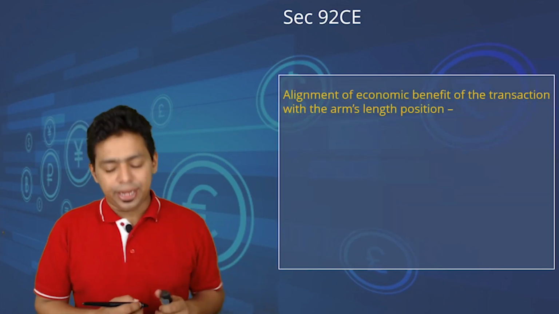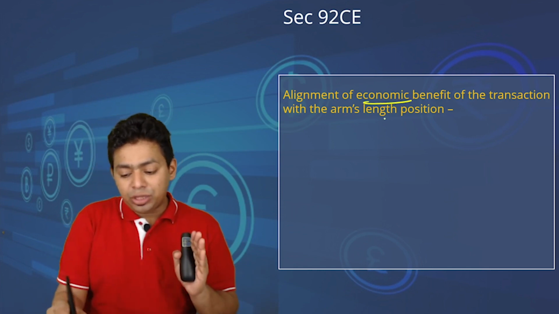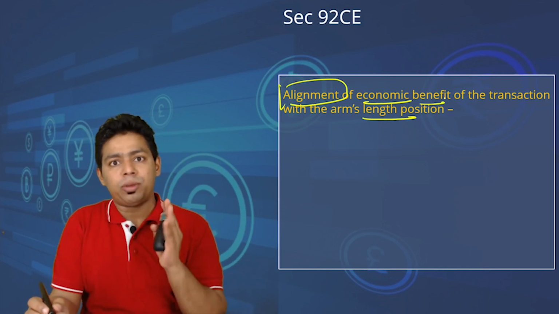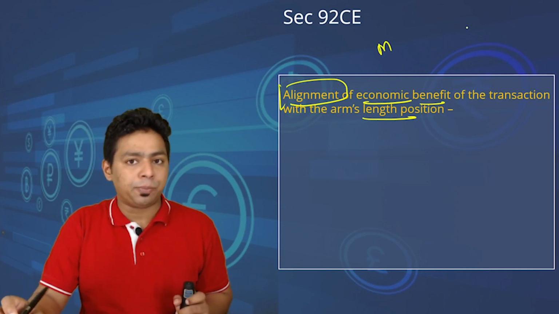So according to the OECD recommendation, there should be alignment of the economic benefit of the transaction with the arm's length position. Please understand, alignment means economic benefit. Economic benefit means monetary benefit should happen with the arm's length price position.